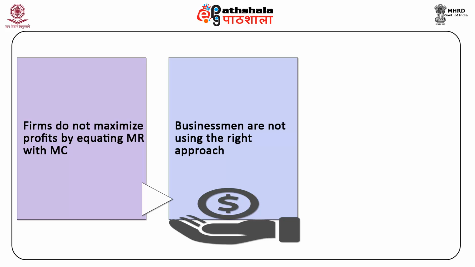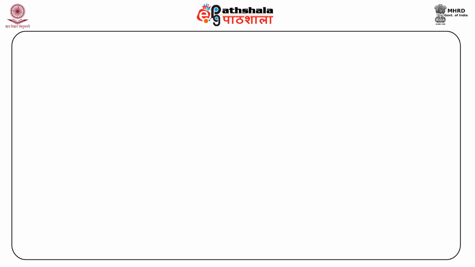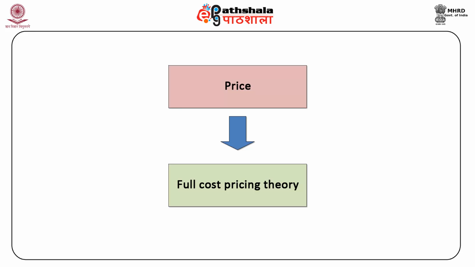They further pointed out that in the real world, business firms try to seek satisfactory profits or a normal or conventional rate of profit. Thus, according to them, prices are fixed on the basis of full cost pricing theory.